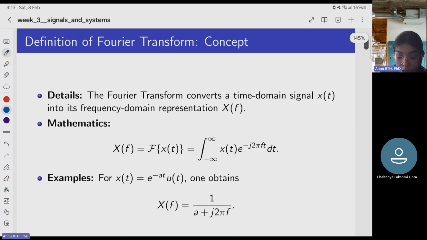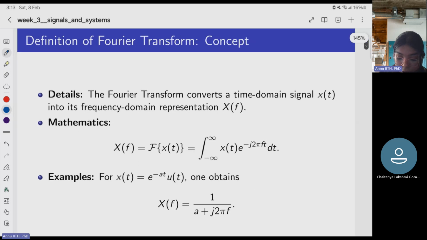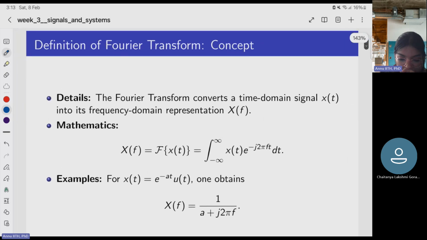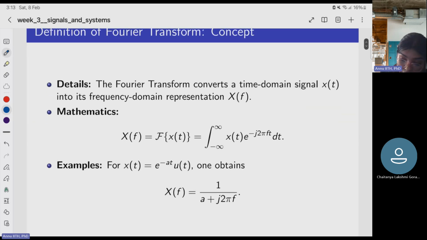Okay, so these are the properties. The Fourier transform converts a time domain signal into a frequency domain representation, as we know. Note that this x is small x here, but after the Fourier transform it's not the same function. That's why it is capital X. People often get confused, but small x and capital X are two different functions.